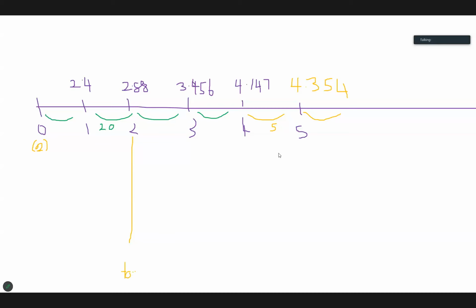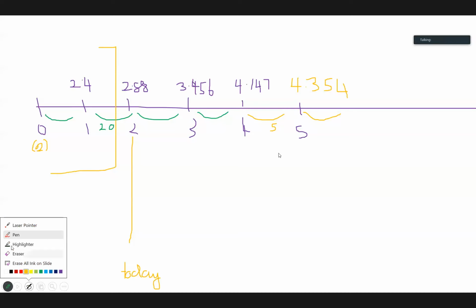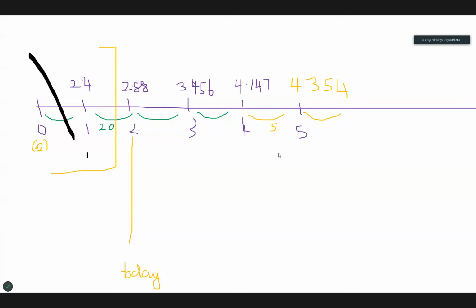That means everything else is in the past. Before year 2, everything else is in the past. It is not relevant for us. So all of these you can forget. This is the only part that is relevant for us from this point onwards.